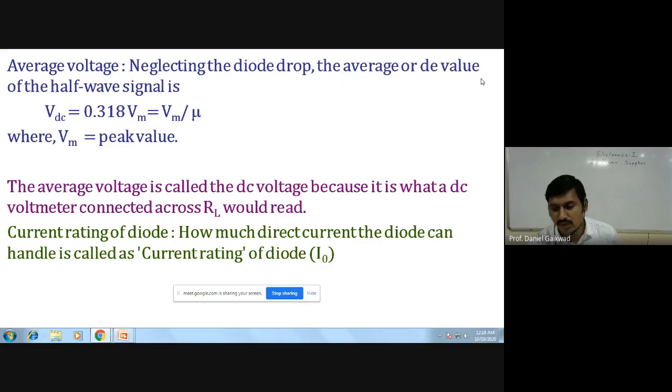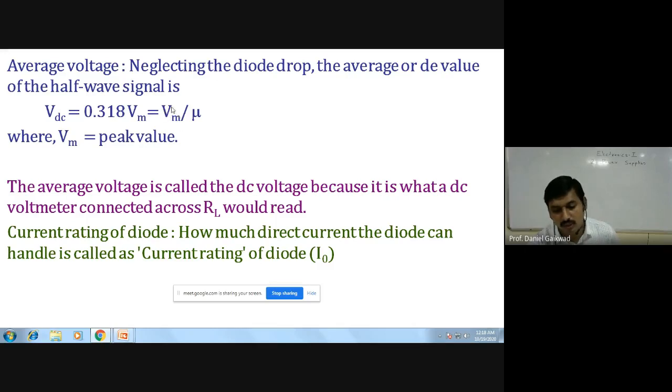The average or DC value of the half wave signal is VDC = 0.318 Vm, which is equivalent to Vm divided by pi. So how much DC voltage do we obtain from the peak value by a simple formula? Either the factor 0.318 times Vm, or Vm divided by pi.